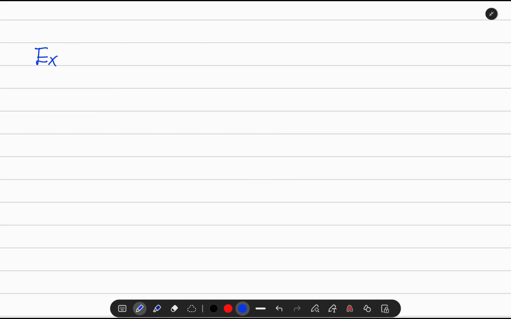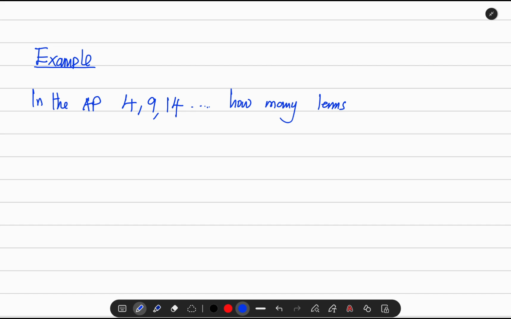Example. In the AP 4, 9, 14, how many terms are there up to 84?